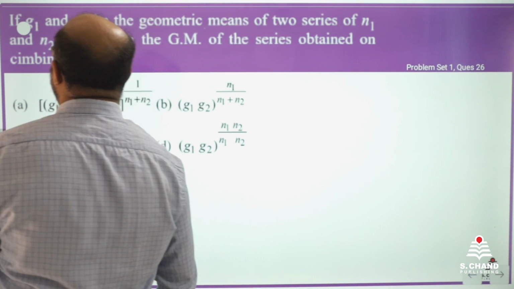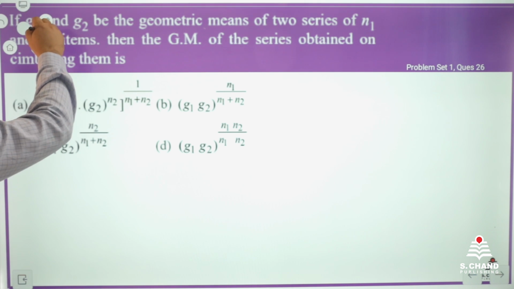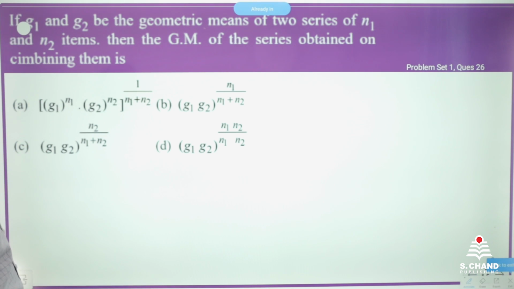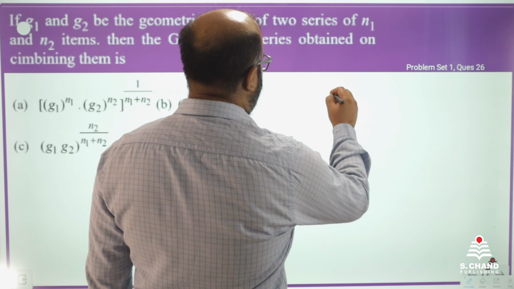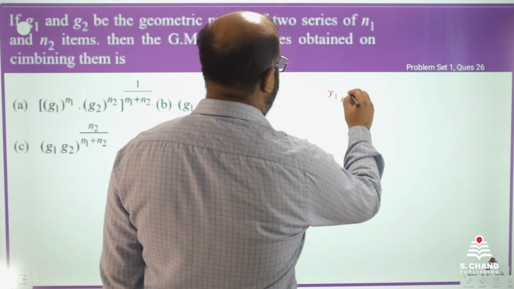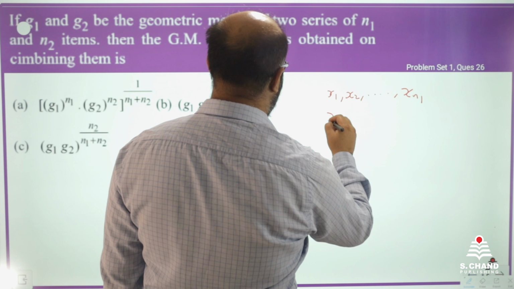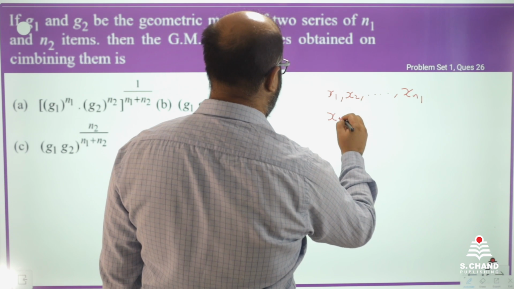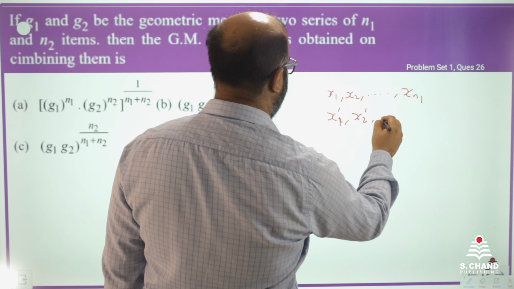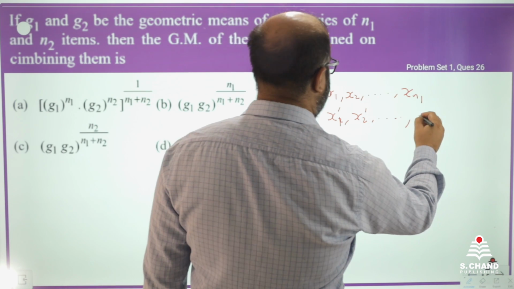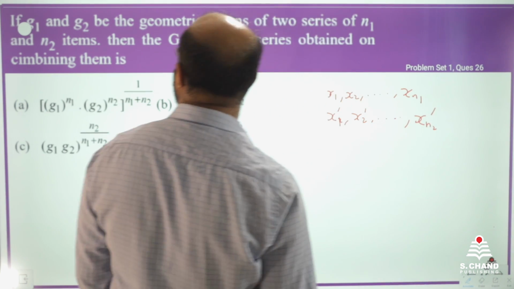The next question says if G1 and G2 are the geometric means of two series of N1 and N2 items, then the geometric mean of the series obtained on combining them is. So let us suppose that the two series have elements x1, x2, ..., xn1, and x1 dash, x2 dash, and so on, up to xn2 dash.